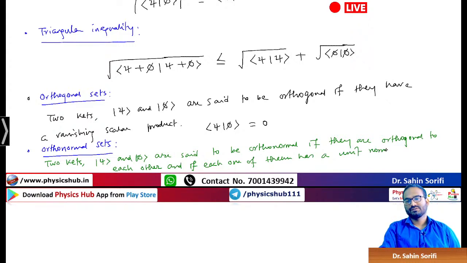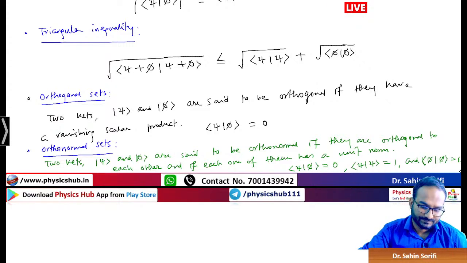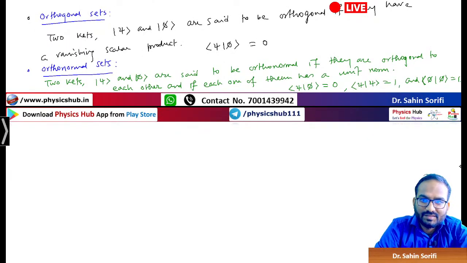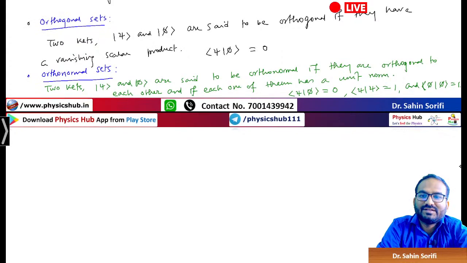Unit norm means the scalar product is 1 with itself. So the first criterion is they must be orthogonal, meaning ⟨psi|phi⟩ should be 0. They have unit norm, meaning ⟨psi|psi⟩ equals 1 and ⟨phi|phi⟩ equals 1. So this difference between orthogonal set and orthonormal set must be kept in mind.